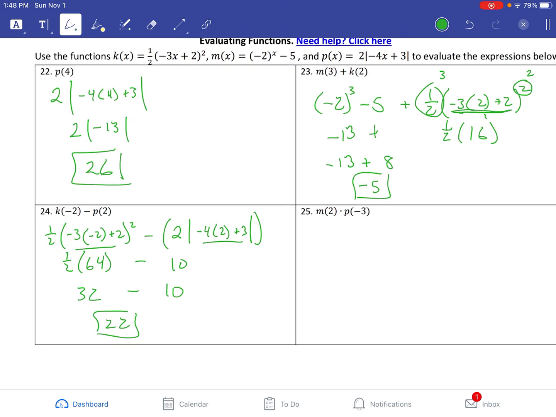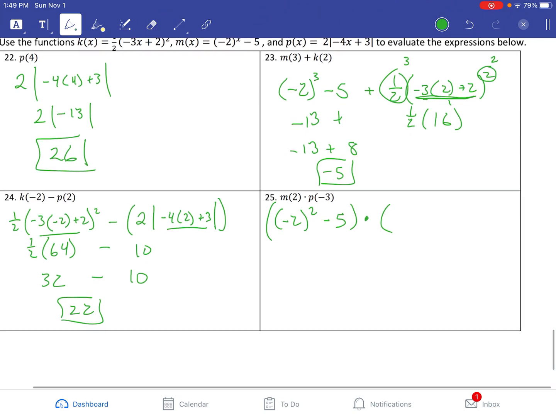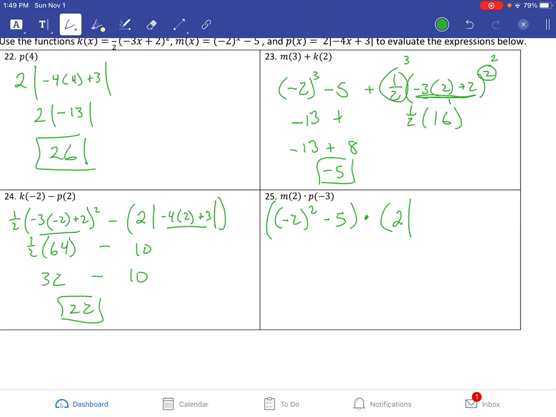Okay, last one of these. Putting 2 in for the m. So I'm going to get negative 2 to the second power, because that's what the m of 2 is, minus 5. All right, and then I'm going to multiply that by, let's put these both in parentheses to organize the information better, p of negative 3. So I'm going to put in 2, absolute value of negative 4 times negative 3 plus 3, absolute value.